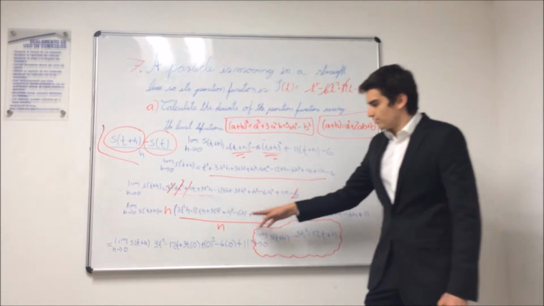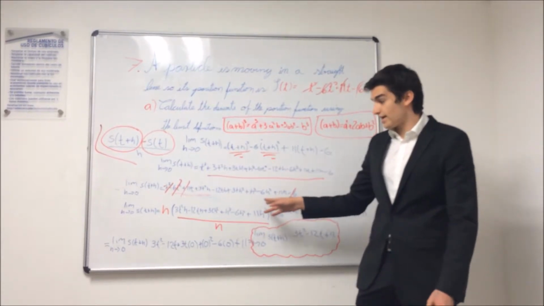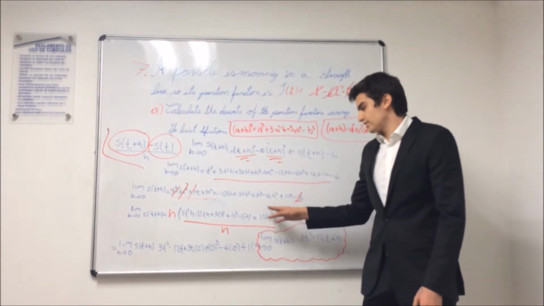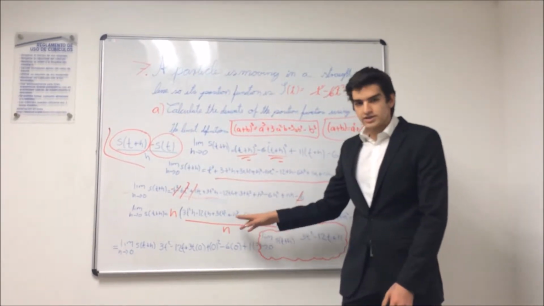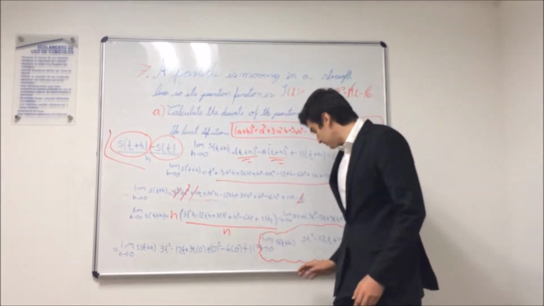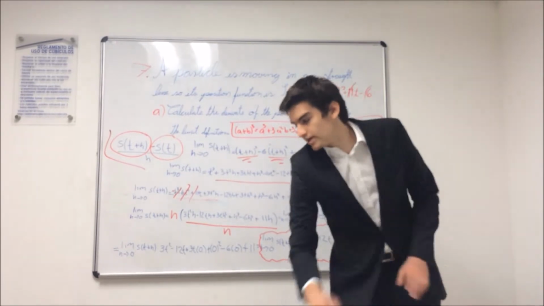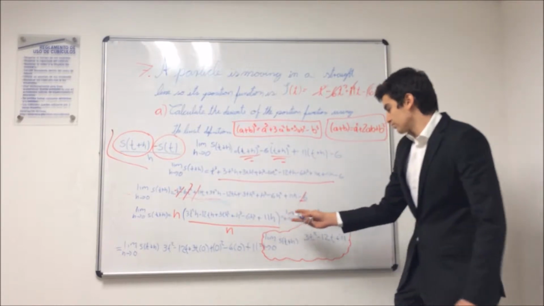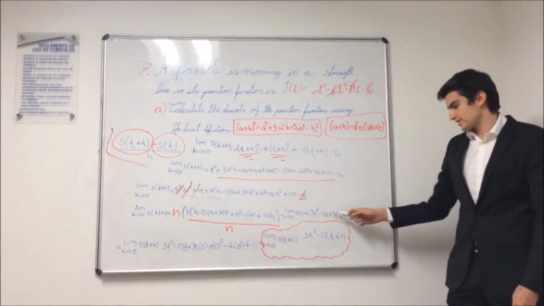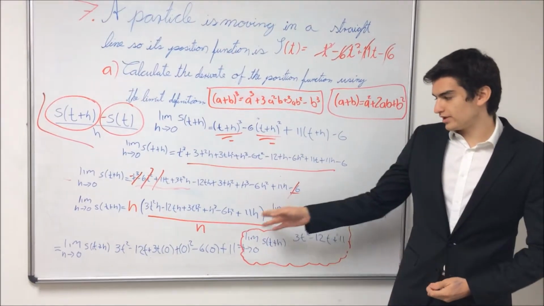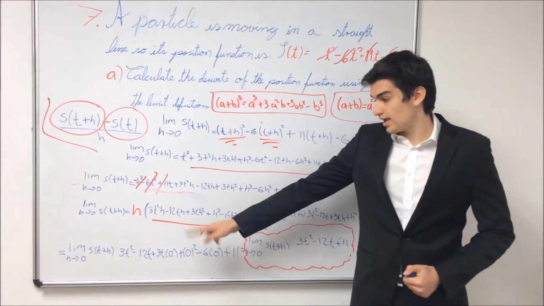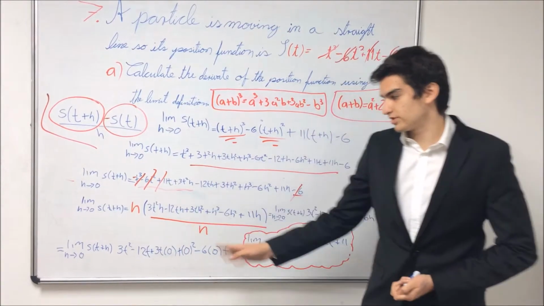So first you have to isolate the h, and by doing this you're gonna eliminate every h that is in here. So you're gonna get this. So after doing this, we have the limit says that h is equal to 0.